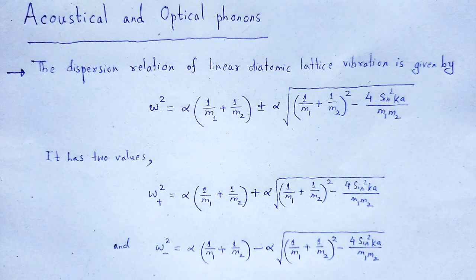In this video, we are going to discuss acoustical and optical phonons. Let's begin. In the previous video lecture, we have already derived the dispersion relation of linear diatomic lattice vibration.